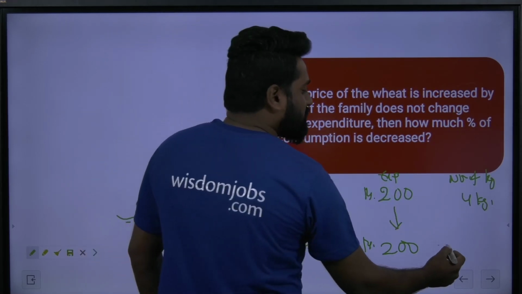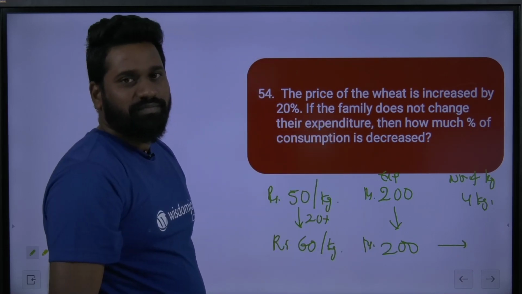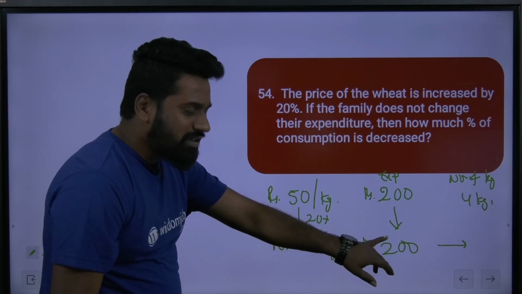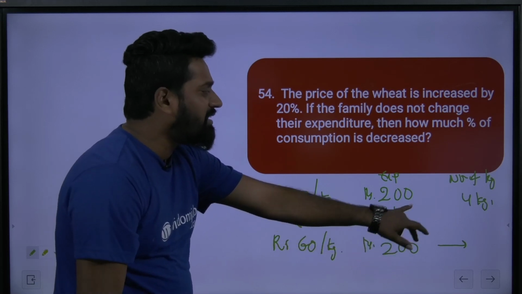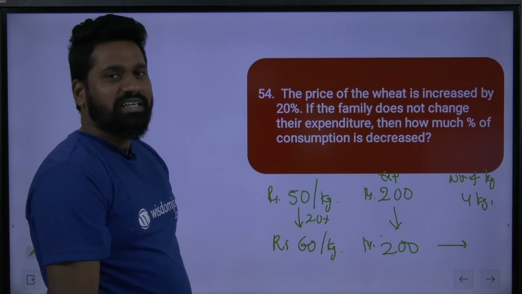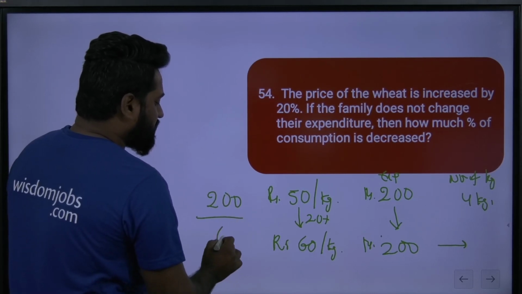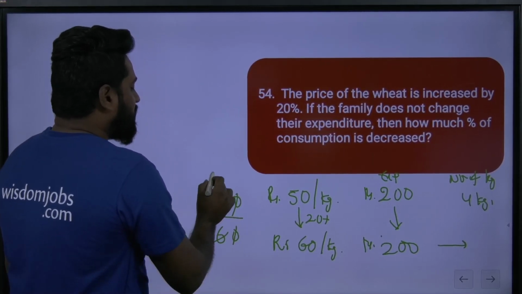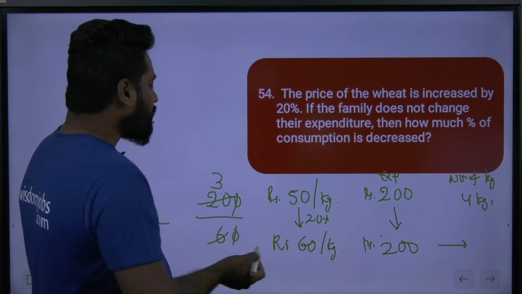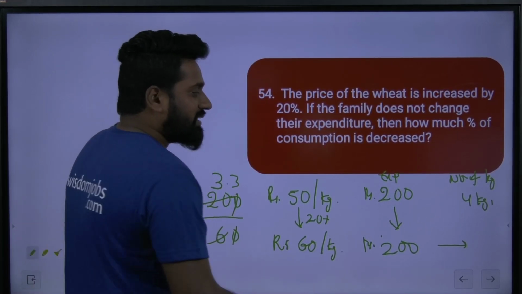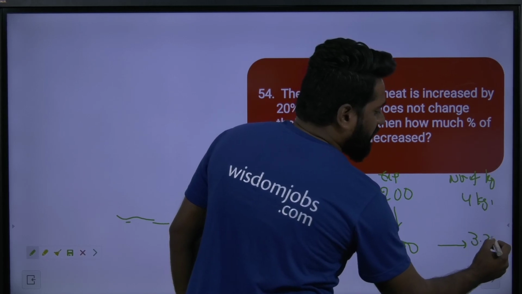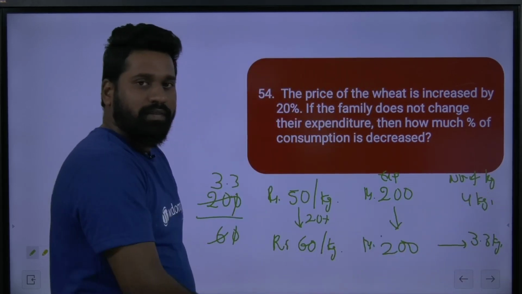Coming to the consumption, definitely it decreases. Is it clear? Because for 200 rupees you never get 4 kgs, because the price is increased. That means how many kgs will you get? 200 by 60, that is about 3.3 kgs you are getting, for example. Is it clear?